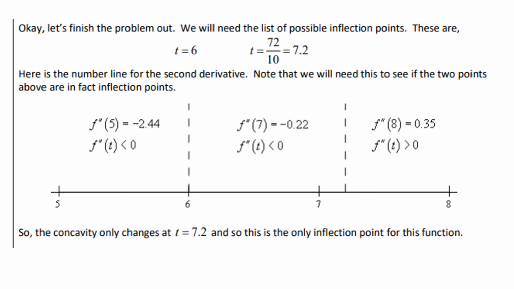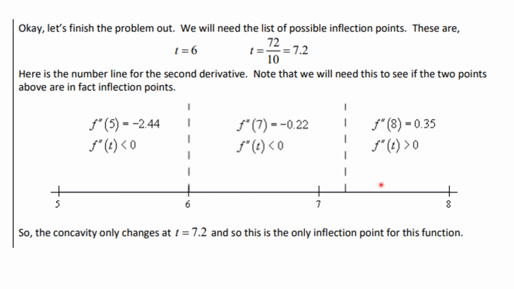Okay, now let's finish the problem. The possible inflection points are where the second derivative was equal to 0 or where the second derivative did not exist. That means that 6 was a possible inflection point. And so we have 2 possible inflection points, and that will divide the real number line into 3 intervals.